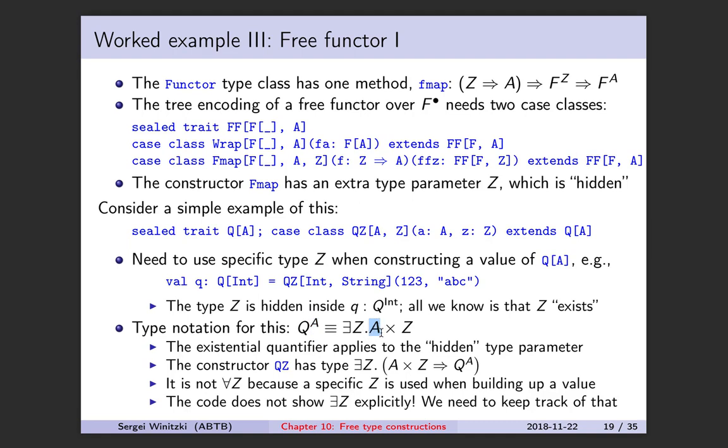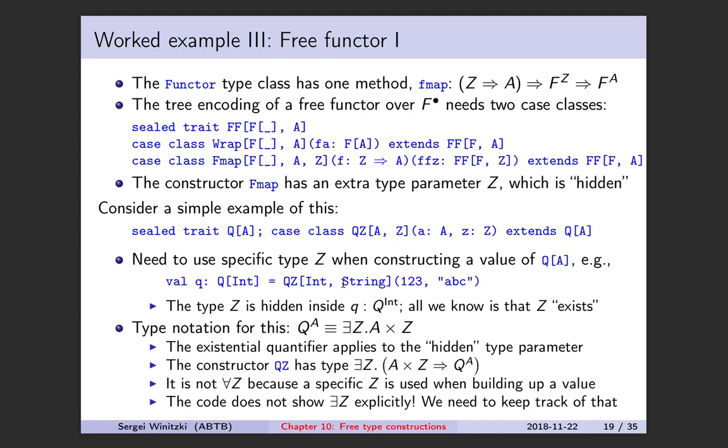So this is obviously a functor in a. It is not universally quantified. So even though it's a type parameter here, it's not universally quantified with respect to z. And this is so because when you build up a value of this type, you must use a specific z.